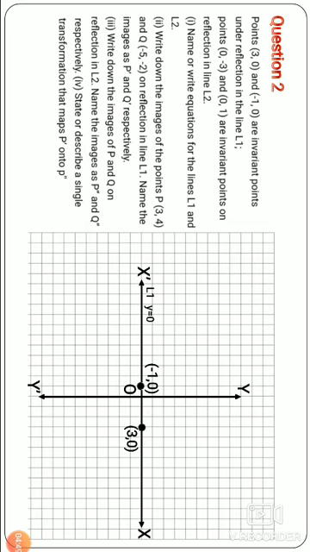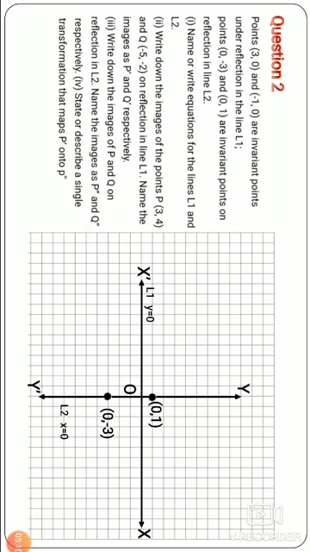So as usual, we are going to plot these 2 points. Okay, so we have 0, -3 and similarly we have 0, 1. Since these two are invariant under L2, obviously the line L2 will be my y-axis, right?